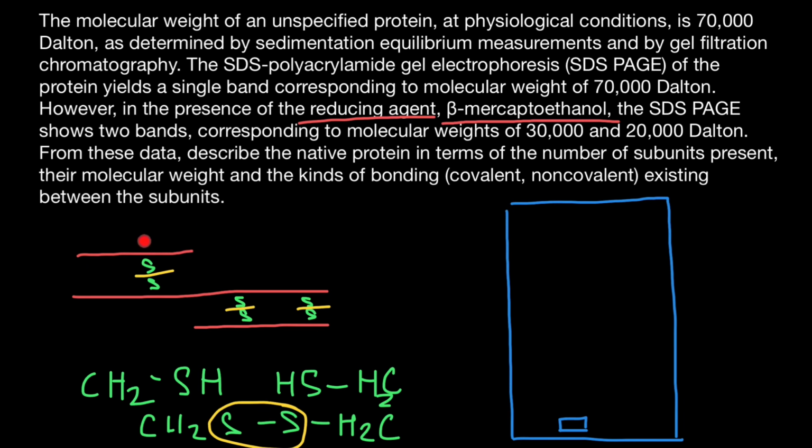And if you expect to see 3 bands here, it's not usually the case. Imagine that this top polypeptide strand is 20,000 Daltons, this strand in the middle is 30,000 Daltons, and the strand on the bottom is 20,000 Daltons.